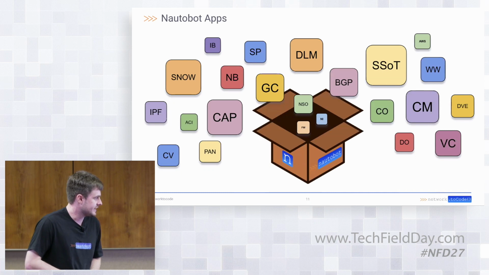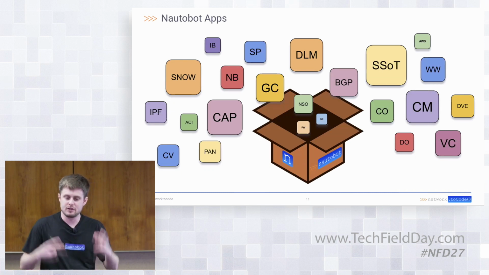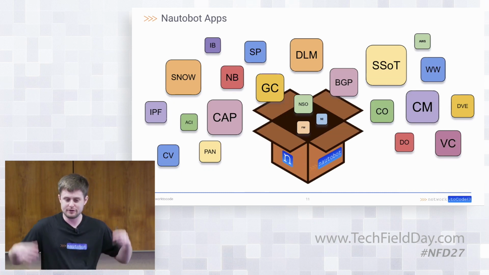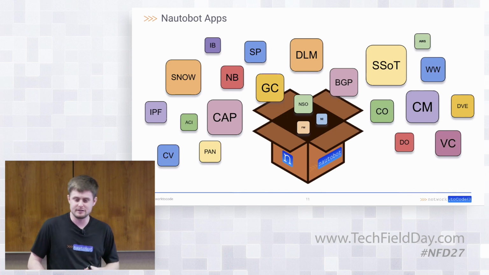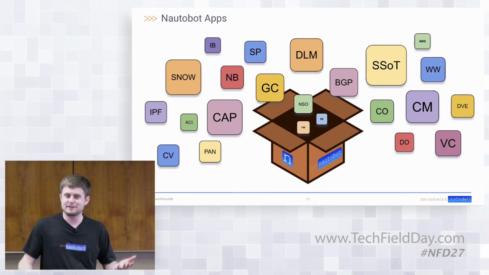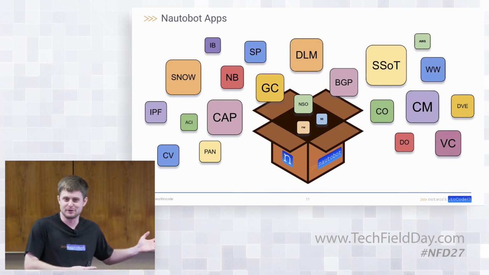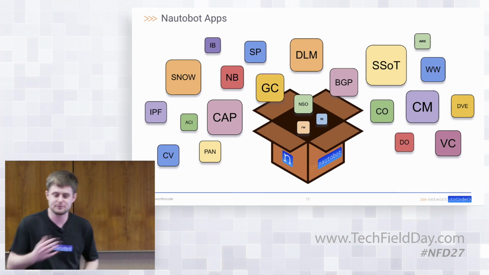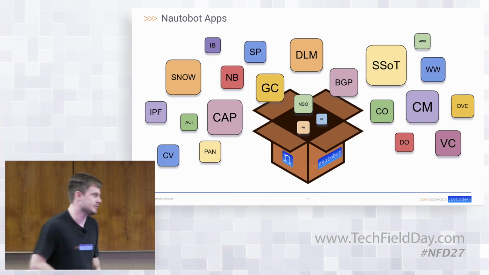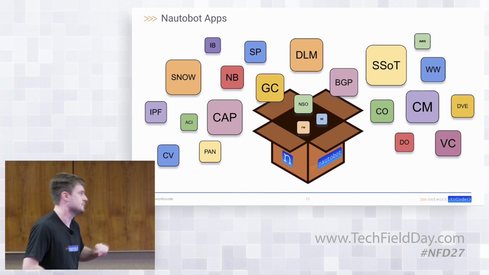So again, Nautobot is a platform that we're trying to build. So when you install Nautobot out of the box, you get some base functionality, but the real business value comes from this app ecosystem that we're building around here. So in true networking fashion, we've got some acronym soup on the board here, of course, but some of these we will run through specifically later on in presentations, but I'll call out a few, like device lifecycle management.